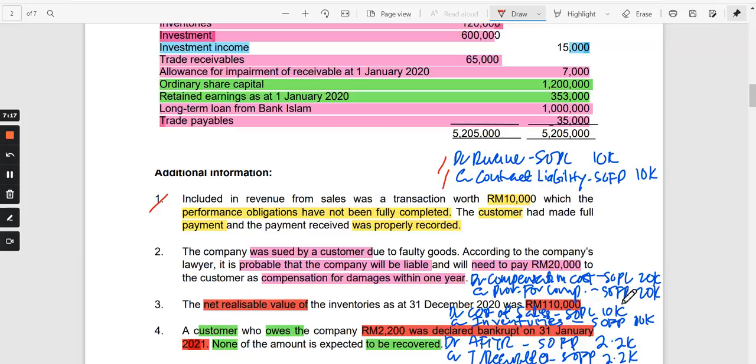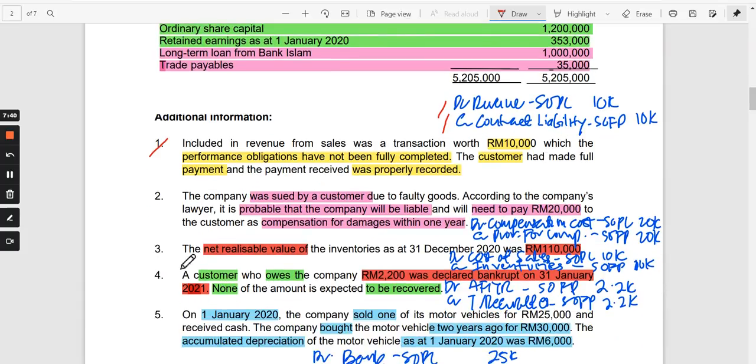You can also put it under admin, but I'm going to put it under other operating expense. Credit provision for compensation, that will be put under current liability because you need to pay within 1 year according to the lawyer's professional opinion. So 20,000.